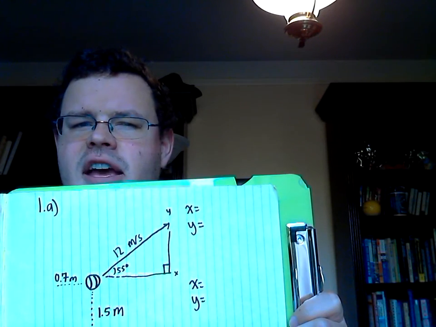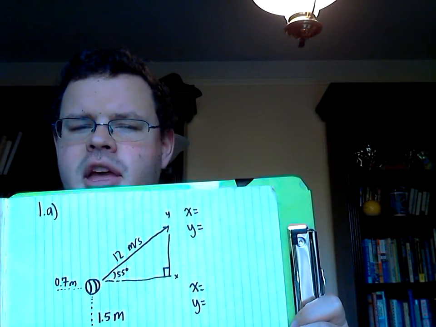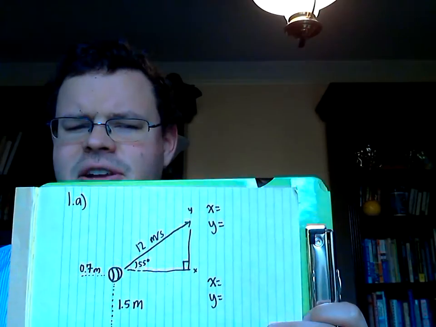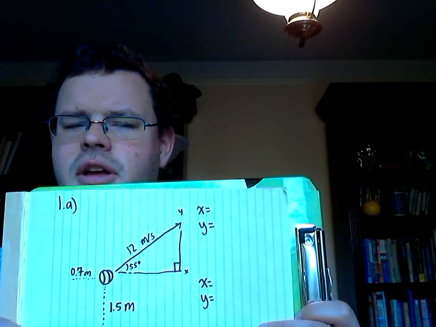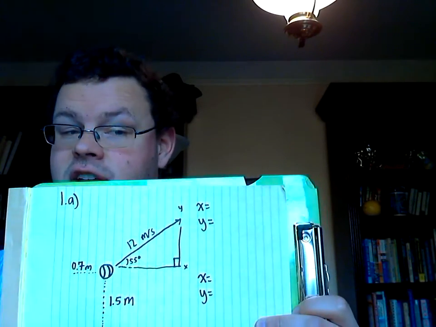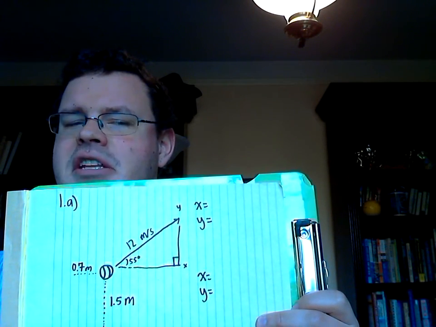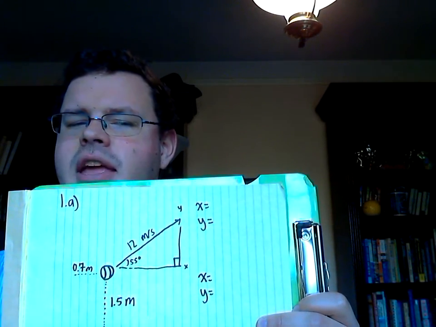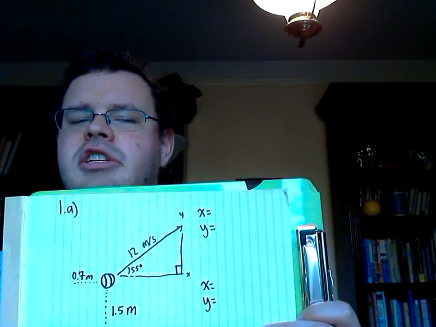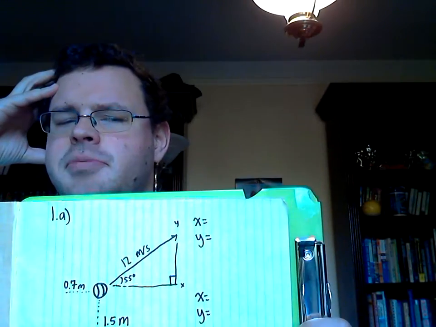This sounds like vectors or trigonometry. Think to yourself for about 3 seconds. If we know the speed at this 55-degree angle, how can we figure out the speed at which x is changing and the speed at which y is changing? Don't speak yet.